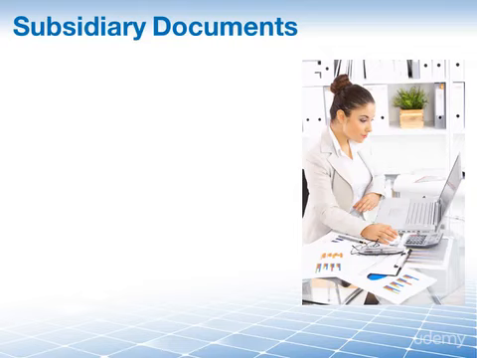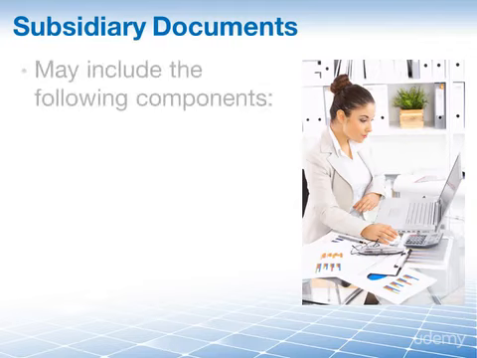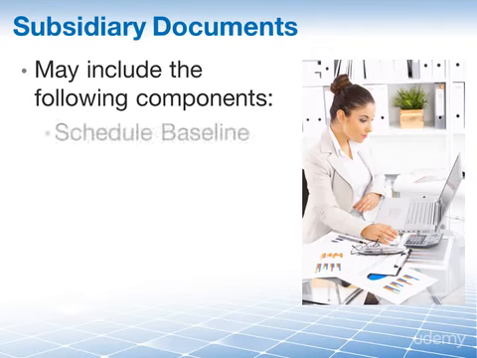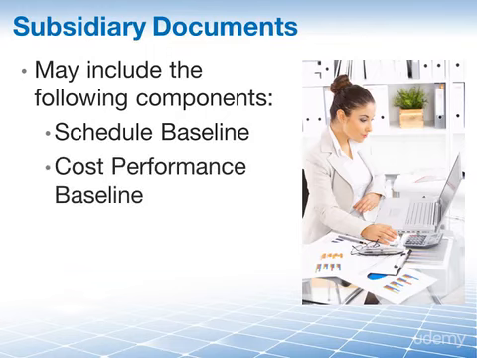But there's more than just the plans that are contained within the project management plan as subsidiary items, because there are 3 documents, 3 components that are not plans but are still considered to be part of the project management plan. There is first of all the schedule baseline. This is pretty much your approved and signed timeline, your approved schedule that tells you when you have to be finished with the project.